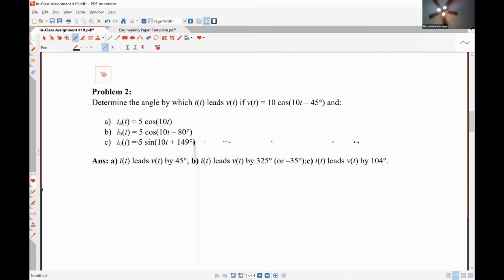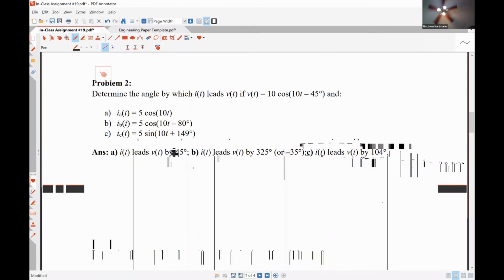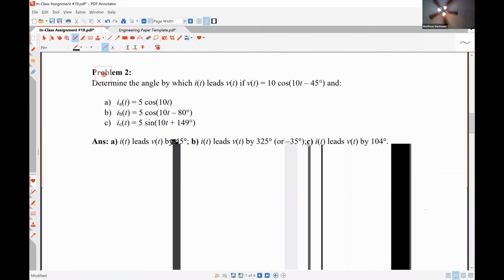Problem 2. We're asked to determine the angle by which I of t leads V of t, if V of t has some specific value, and then we're given the current. I'm going to answer this question using the concept of a phase diagram. Did I go over phase diagrams in my video lecture at all?